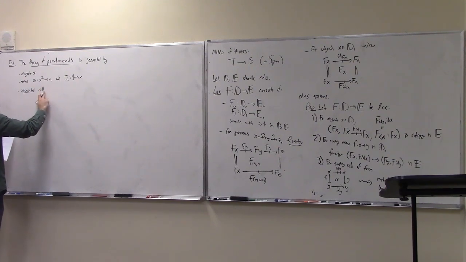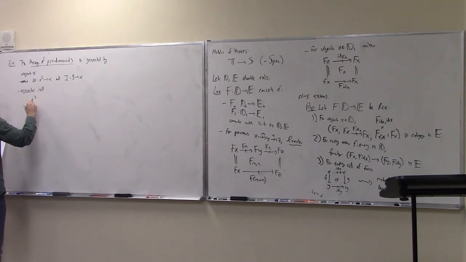There's an associator cell that looks like this. When I use juxtaposition in these pictures, this means Cartesian product.